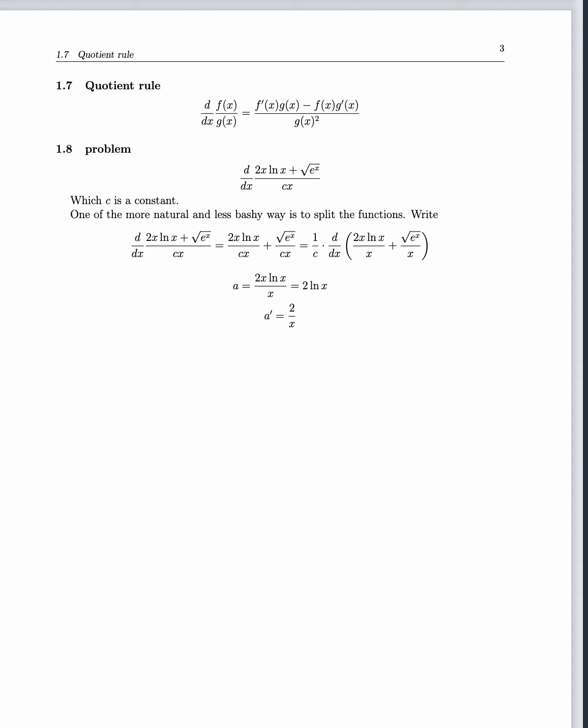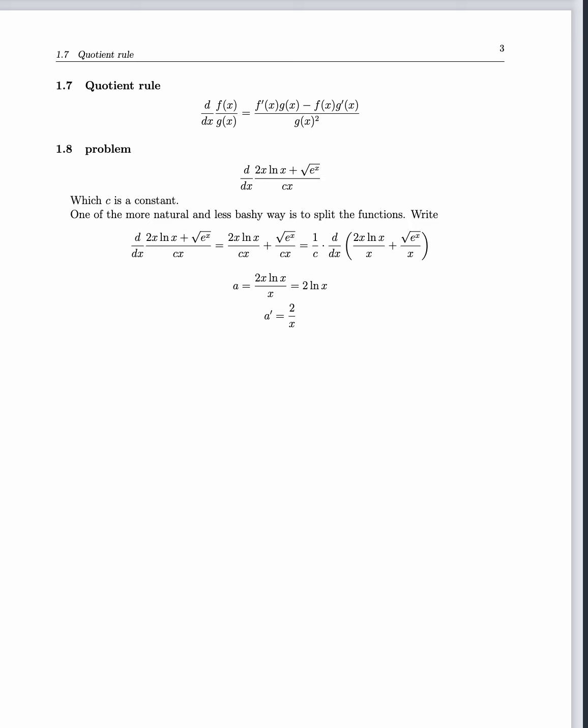Then we let b equal the fraction of square root of e to the x power over x, which seems to be more bashy, but this one we can just use the quotient rule.